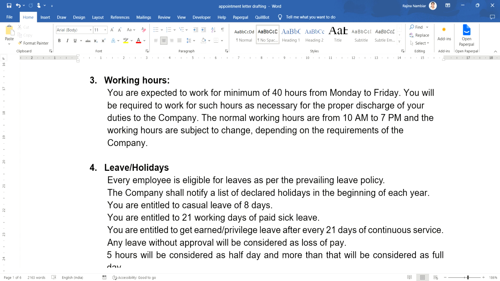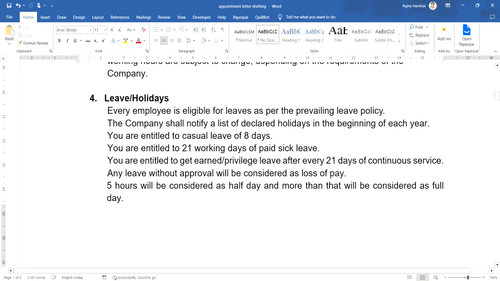Then the normal timing which you have to mention, which is subject to change based on the company's requirement, right? And then the leave policy, in general there are three types of leaves: casual leave, sick leave, and privilege or earned leave. So all those things you have to mention.